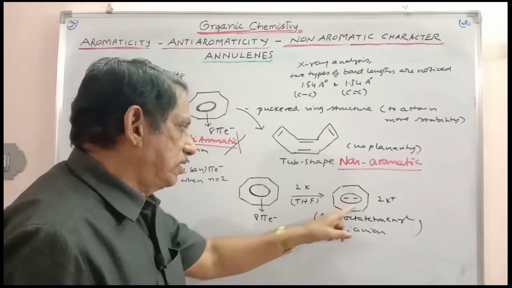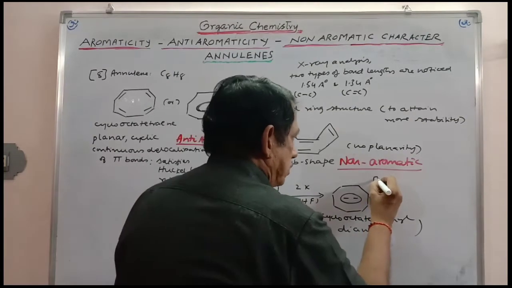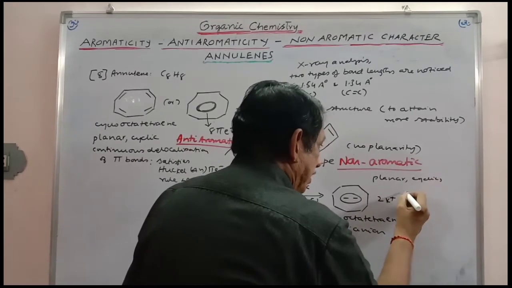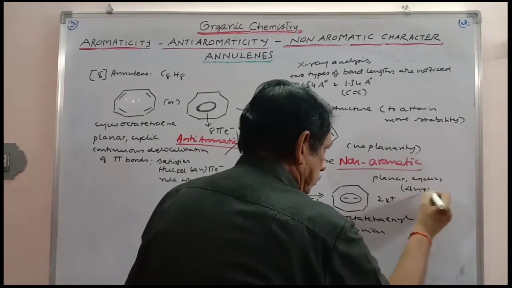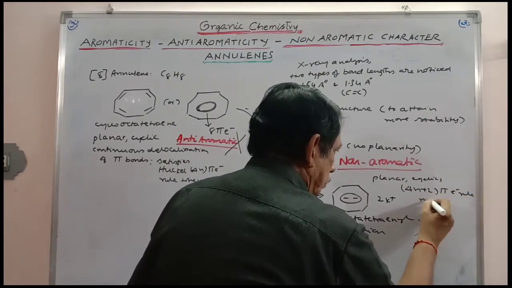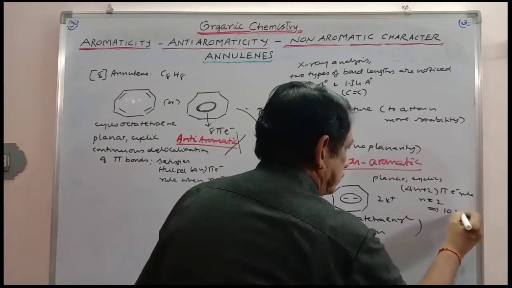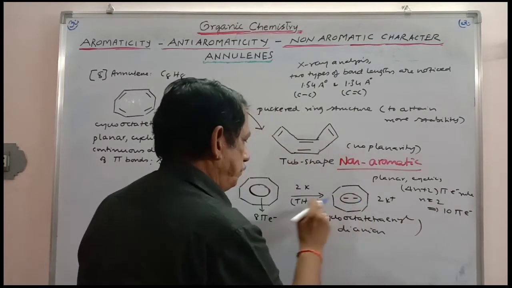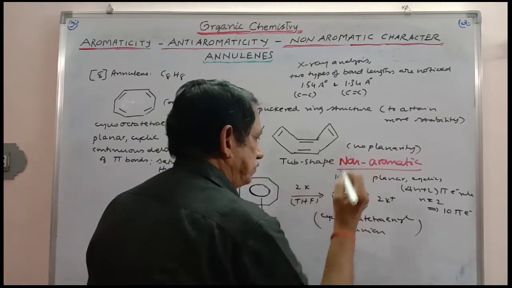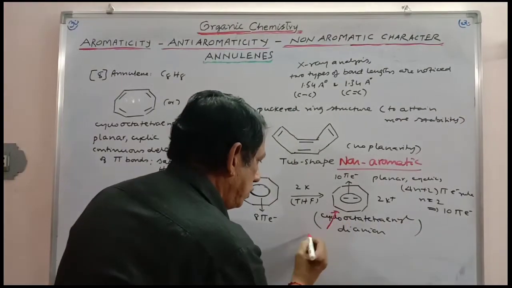Observe, these are all sp2 carbons, and so this is planar, cyclic, okay, 4n plus 2 pi electron rule is satisfied when n is equal to 2. N is equal to 2 means this will be having 10 pi electrons. And if you take 8 plus 2, this is having 10 pi electrons. As a result of which, this is aromatic.